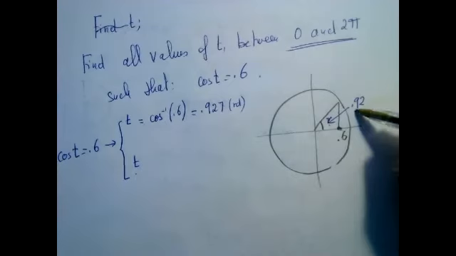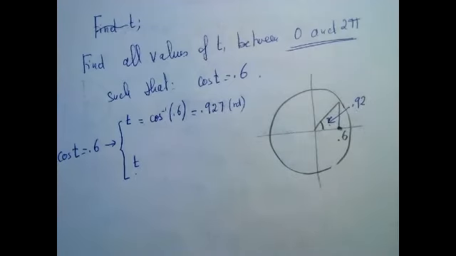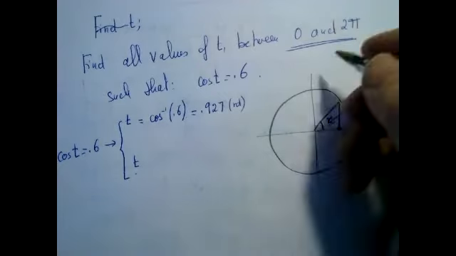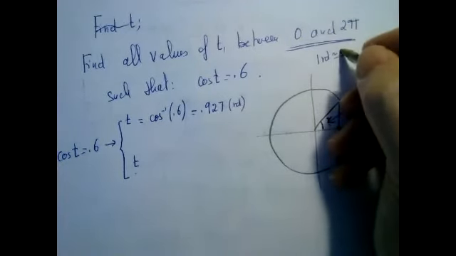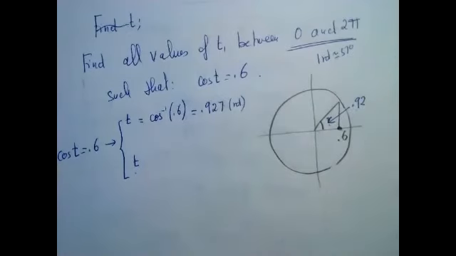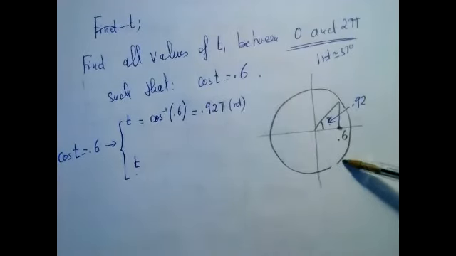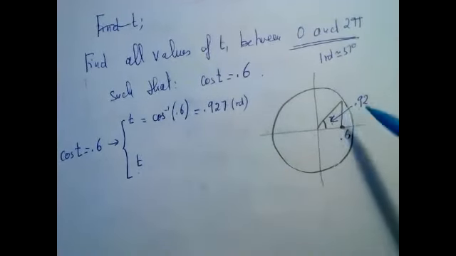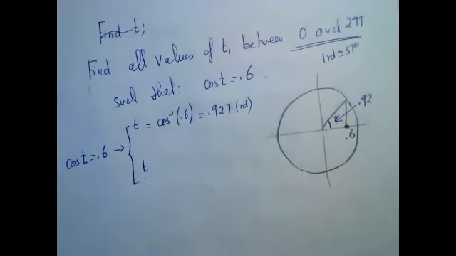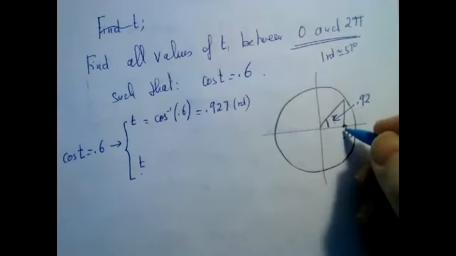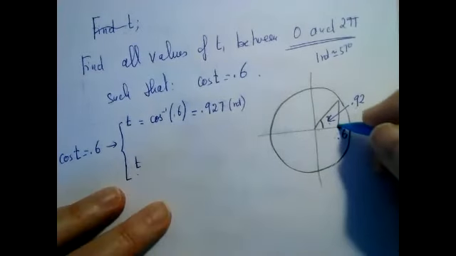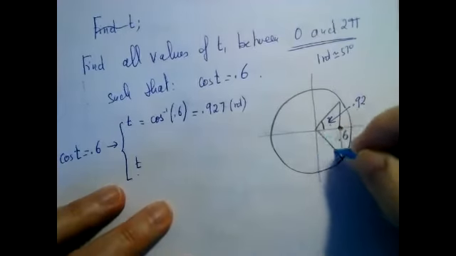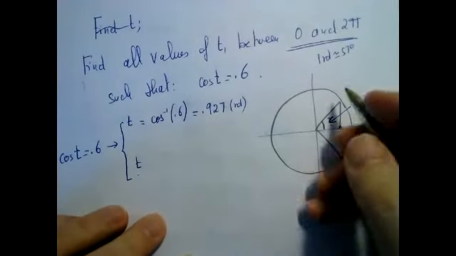So if I take 0.92 radian, now let's see what 0.92 radian is. 1 radian is almost 57 degrees, so this should be almost 50 degrees. Who can give me another angle that has cosine 0.6 using the unit circle? Minus 53. Give it to me in radians because I'm working in radians. So basically, I want that angle.